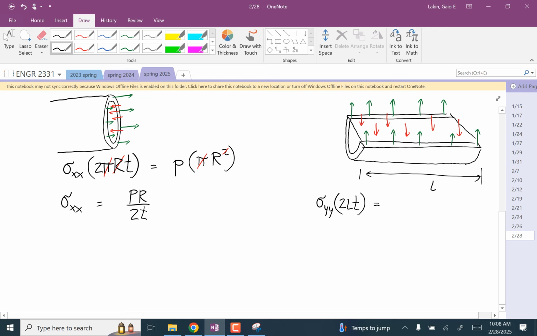The area of that rectangle of fluid: this is the pressure times the area of that rectangle of fluid. That is the diameter of the cylinder times the length, and the diameter is 2R. So 2RL.